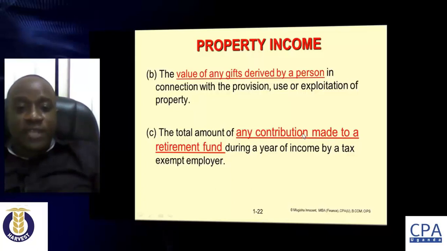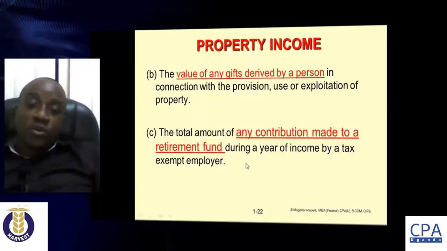to a retirement fund. An example of a retirement fund is our NSSF. Now, with NSSF, your employer is going to contribute 10% to this fund. So that 10% is actual payment in kind. This is looked at as property income. There may be other forms of funds, a special fund where your employer contributes in interest of the services that you provide for them.